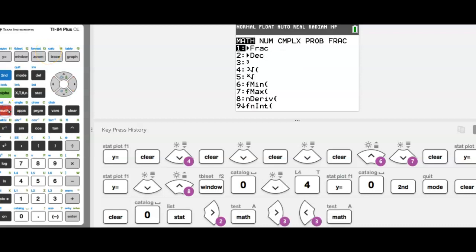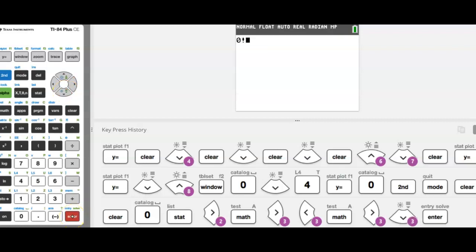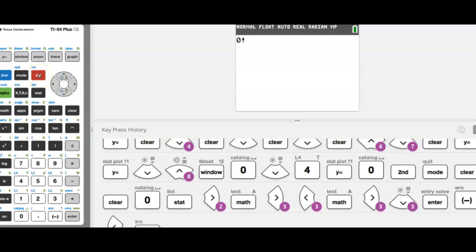It's underneath math, and when you go to math, go over to probability, go on down to number 4, hit enter. Everybody make their guess what 0 factorial is. And 0 factorial is, voila, a 1. Go figure. All right, so 0 factorial is 1.